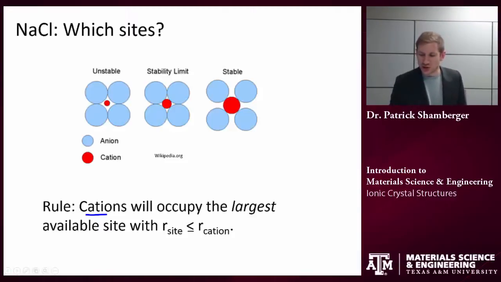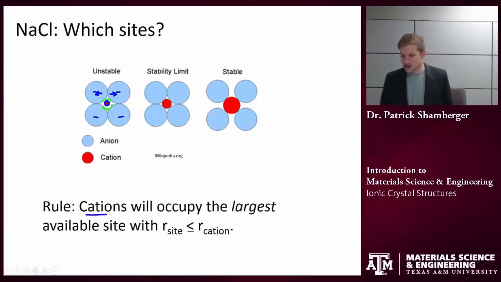So if I picture 4 anions here, so these are negatively charged, if the cation is smaller than the available site, so the site is out here, the cation is smaller than that. That's an unstable configuration. It's unstable because we have this repulsive force, right? Those anions want to spread away from each other. They're being repelled from each other. So if we have a very small cation, this is an unstable configuration.